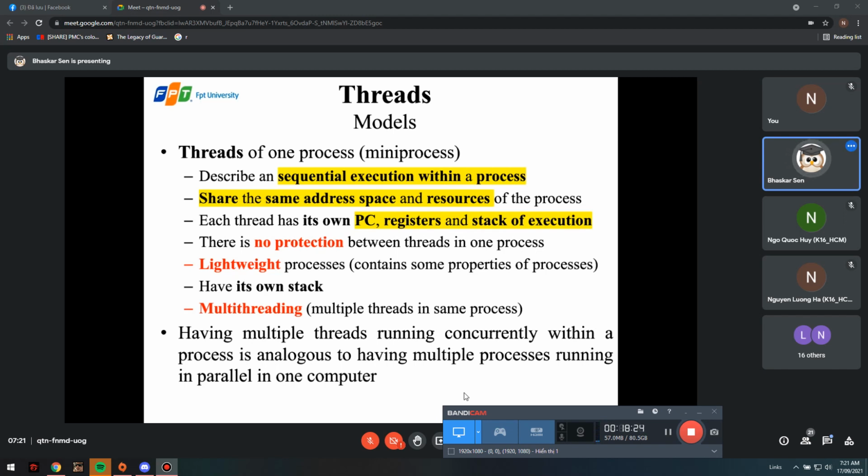Program counter and the registers. We sometimes call them mini process, lightweight process, whichever way you want to express it. Why lightweight process? Because they are so fast. That's why we call them lightweight process.